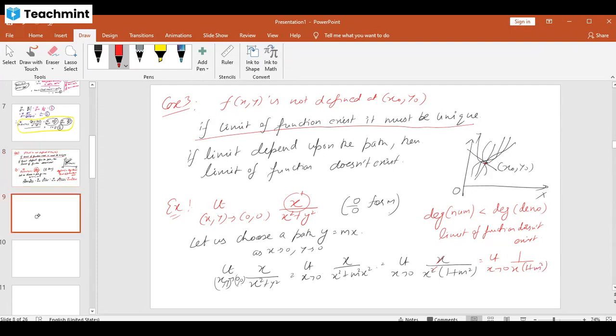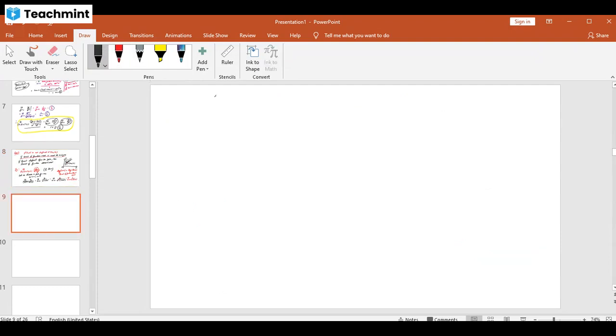Now, we know that the limit as x tends to 0 of 1 upon x does not exist. Why? Because the limit as x tends to 0 from the positive side of 1 upon x tends to plus infinity. If I choose x to be a very small number from the positive side, for example 10 raised to the power minus 5, then its value is 10 raised to the power 5.